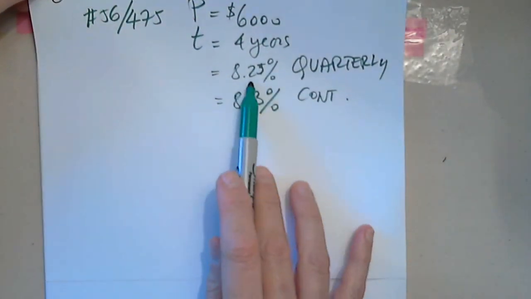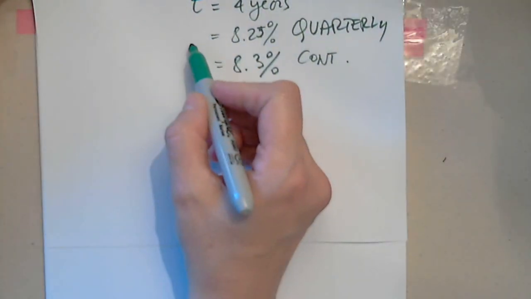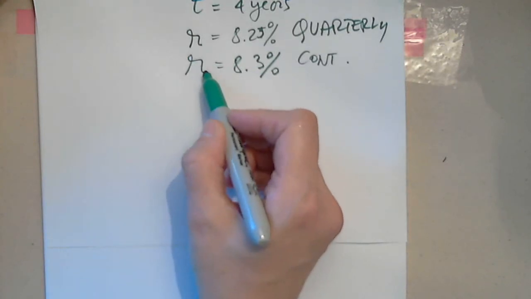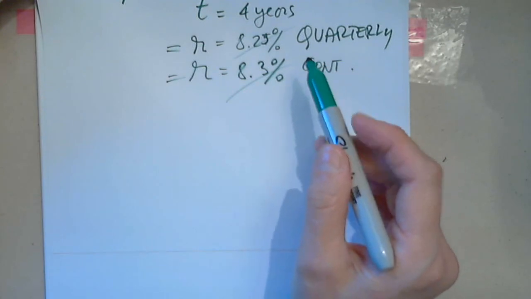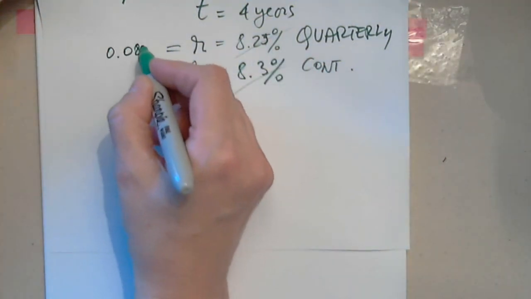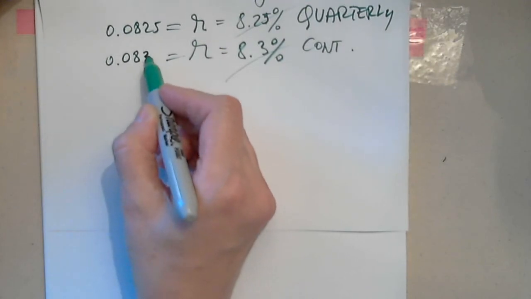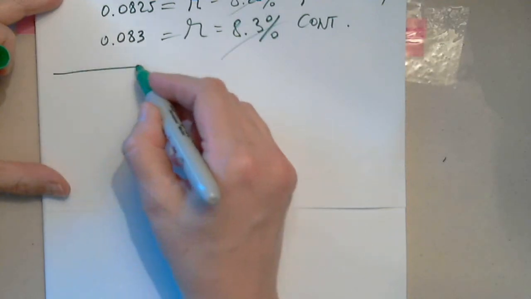And in both cases this represents the rate, the annual interest rate. Remember, we cannot use percentages. It's 0.0825 or 0.083 respectively.